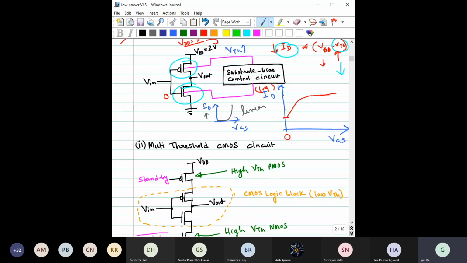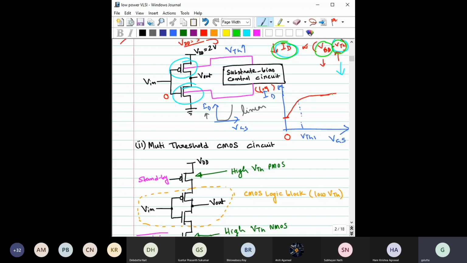Now, if I have to indicate the threshold voltage, it would probably be here. This is VTH1. Here we have seen that to increase ID, and if you are reducing VDD, you have to also reduce the threshold voltage. Now see what will happen if you reduce the threshold voltage.